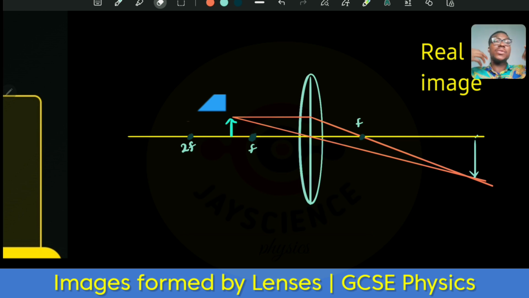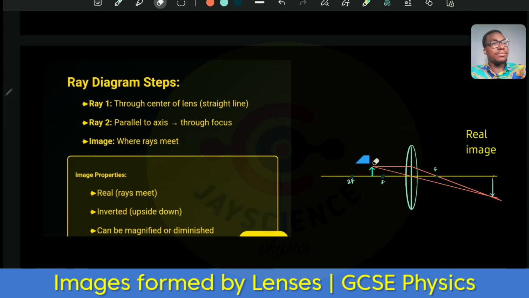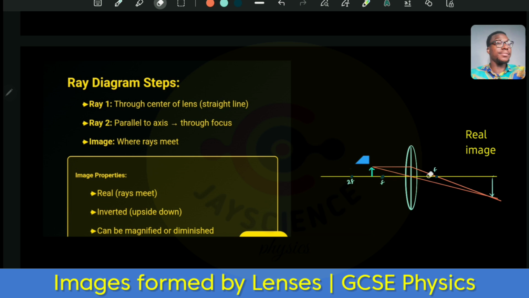And so how do we draw the rays? Number one, you start by drawing the first ray from the top of the object all the way through the center, unrefracted, with your ruler. Don't forget that. And then the second one, you draw it straight horizontal, and once it hits the midpoint of the lens, you refract it through the focal point.